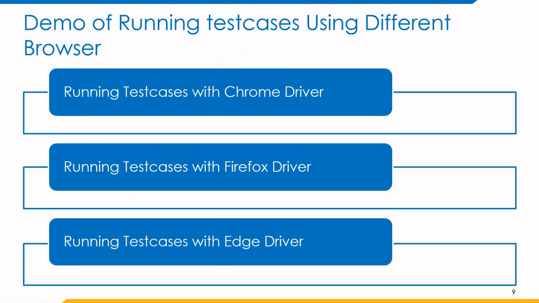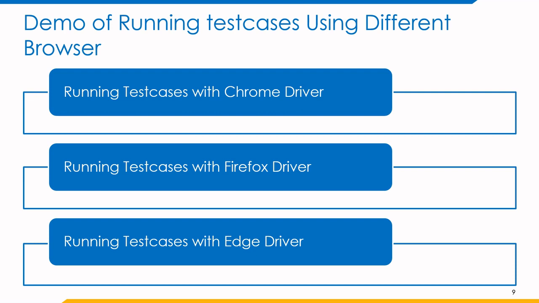Demo of running test cases using different browsers. A real-time application is used by many people, and most of the time we do not have control over the end user, or we cannot force the end user to use it the way we want. So we need to test the application as per the need of the user, and the end user can use any browser.